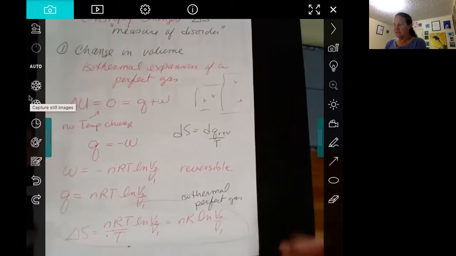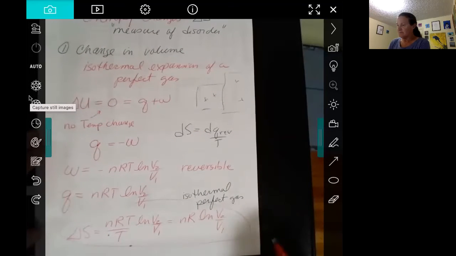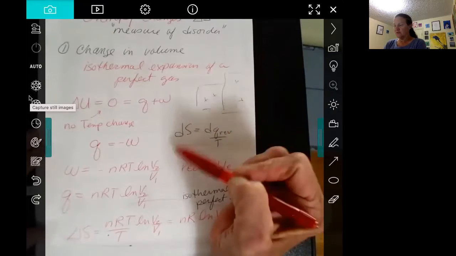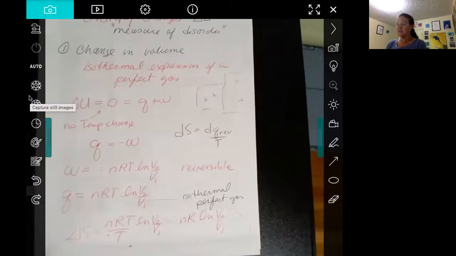So that must mean that the entropy is changing. So if it's isothermal, we'll go through and calculate or derive the equation. But it's also true, entropy is a state function. So if both the volume and the temperature change, you can measure those changes in entropy as a two-step process.